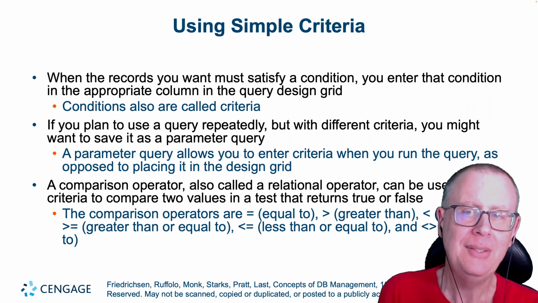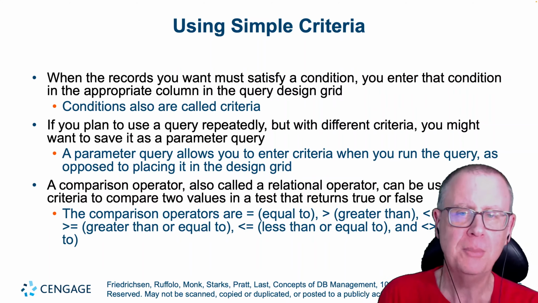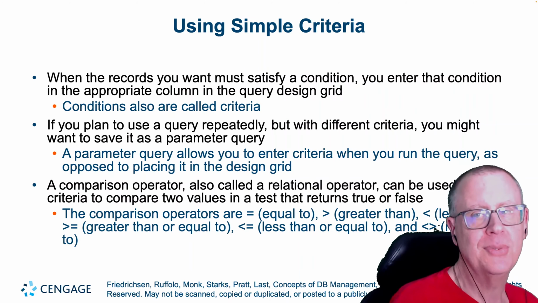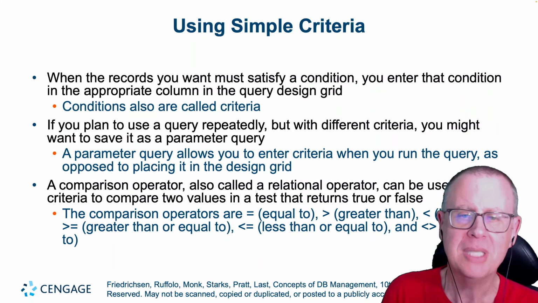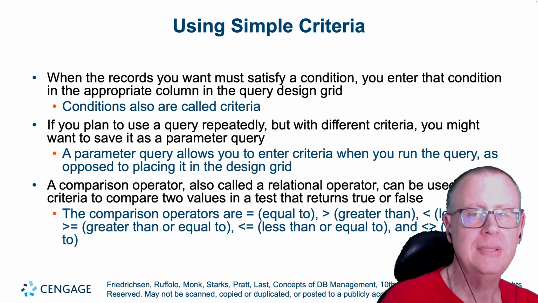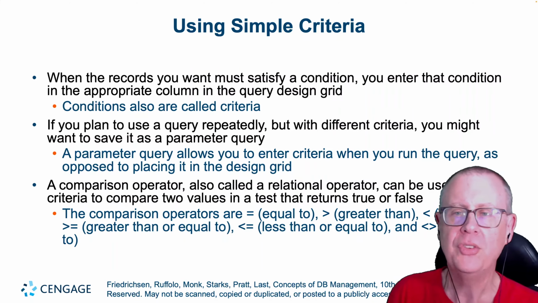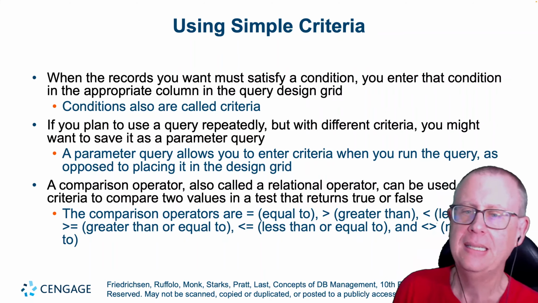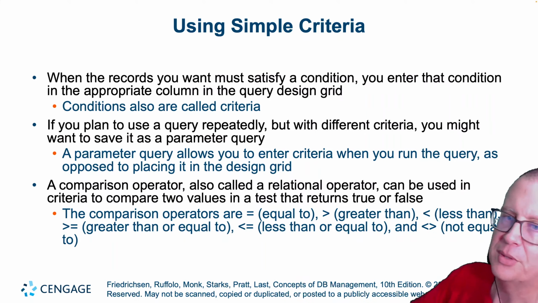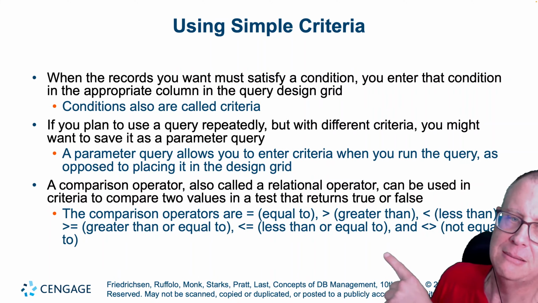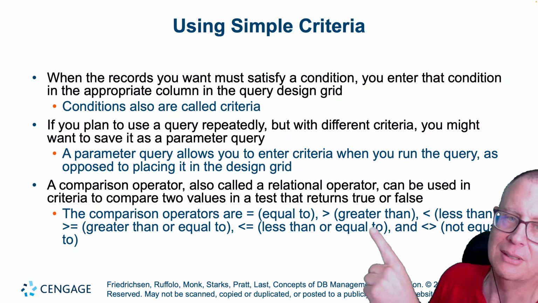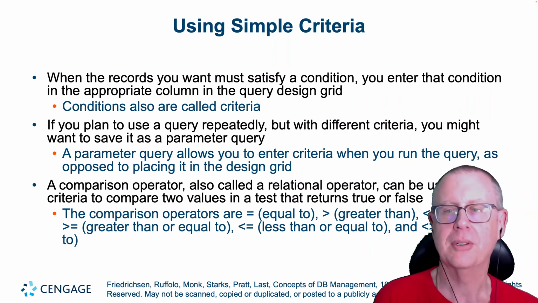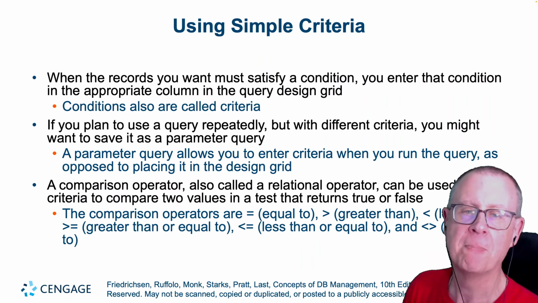If you plan to use a query lots of times, then it's best to make the query with a parameter, so you can pass that parameter in as it changes from run to run. And then normally you want to use one of these: a not equal sign, a less than sign, greater than, less than or equal to, greater than or equal to, or equality. Okay?